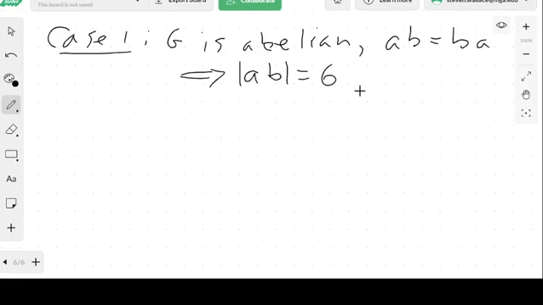So we know that's a contradiction because we assumed there aren't any elements of order 6. So we can't do that here. Okay, so case 2, it's not abelian.